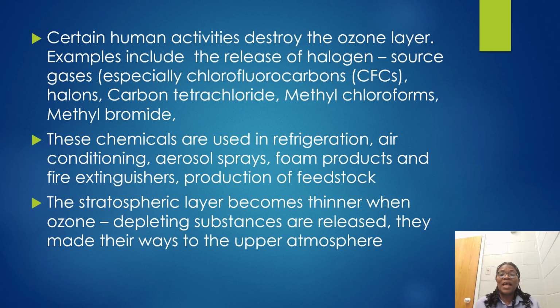These chemicals are used for different purposes. Some are used in refrigeration and air conditioning. This one is common with the chlorofluorocarbons. The halogens are used especially in fire extinguishing. The methyl chloroform and the carbon tetrachloride are usually from the production of feedstocks, that is where we have agriculture, the keeping of animals.